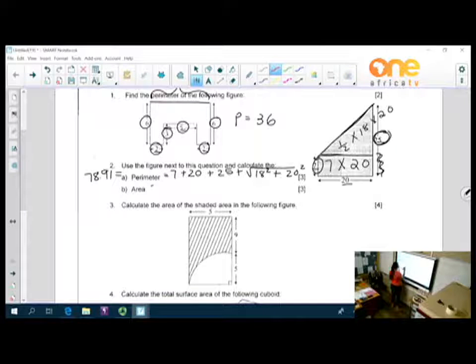And your area will be 320. These two, 7 times 20, you will add to half times 18 times 20.